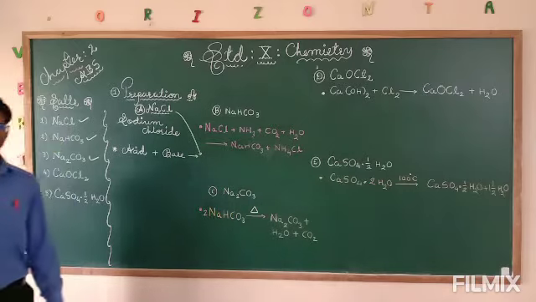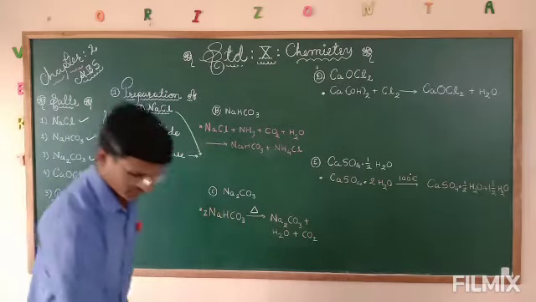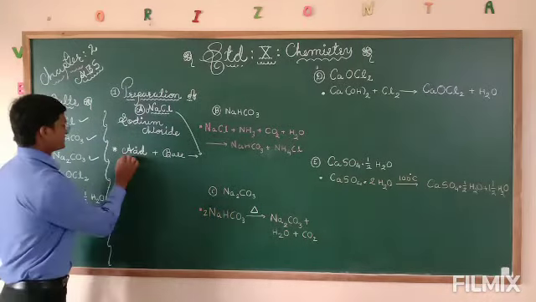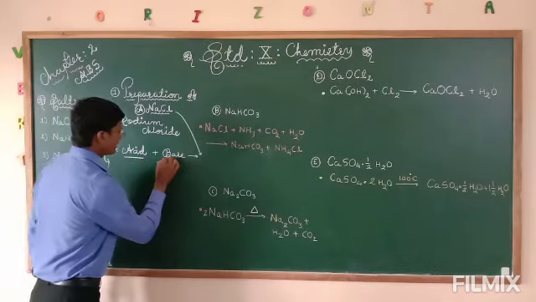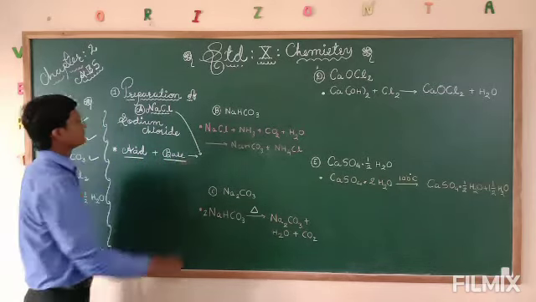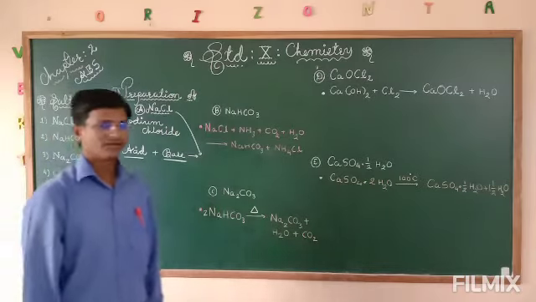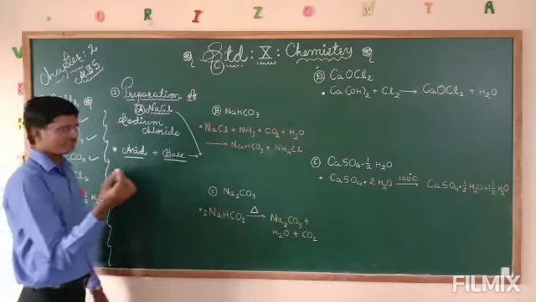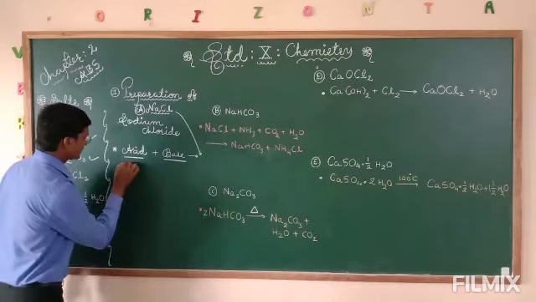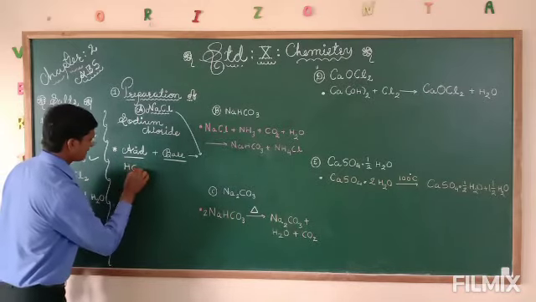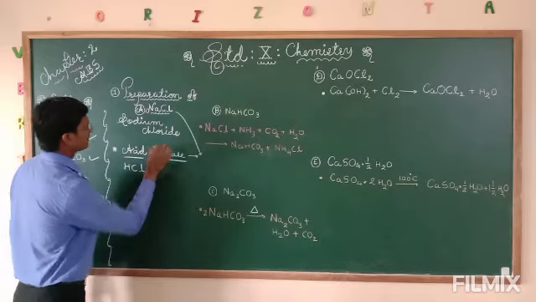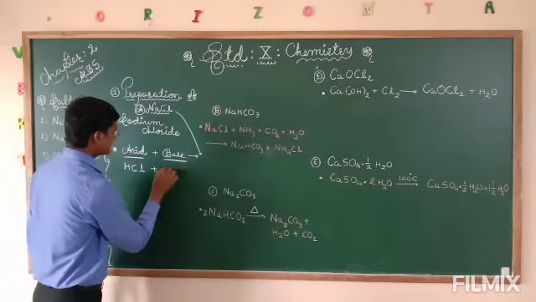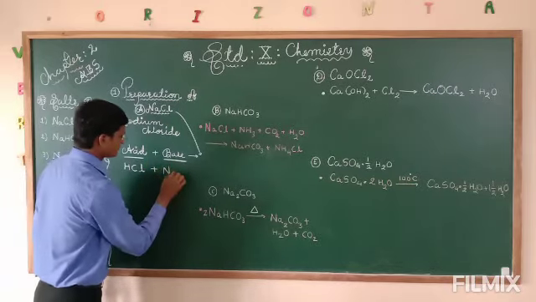So here you can see when acid reacts with base, it will give salt, that is NaCl. Now my dear students, we can take any of the acids. Suppose I am taking acid, that is HCl, because I want NaCl, and as base I can take NaOH.